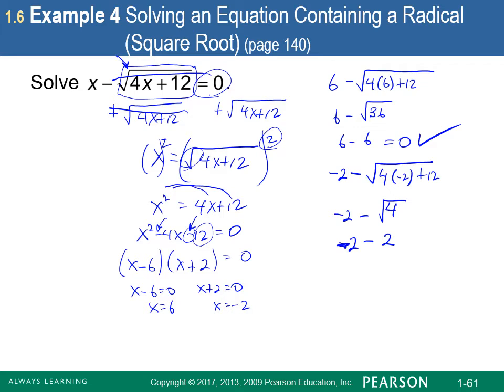And negative 2 minus 2 is not 0. That one does not check. X equals 6 is the only one of those two that works. So that's the answer.